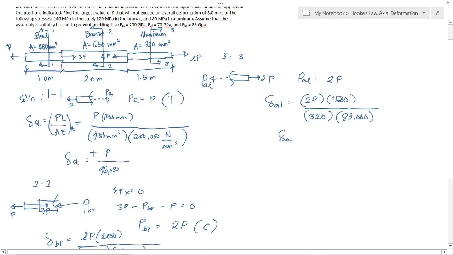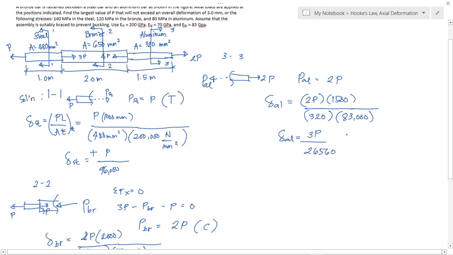Okay, so simplify: the deformation of aluminum will be equal to 3,000 divided by 320 by 83. Okay, so we have 3P over 26560.